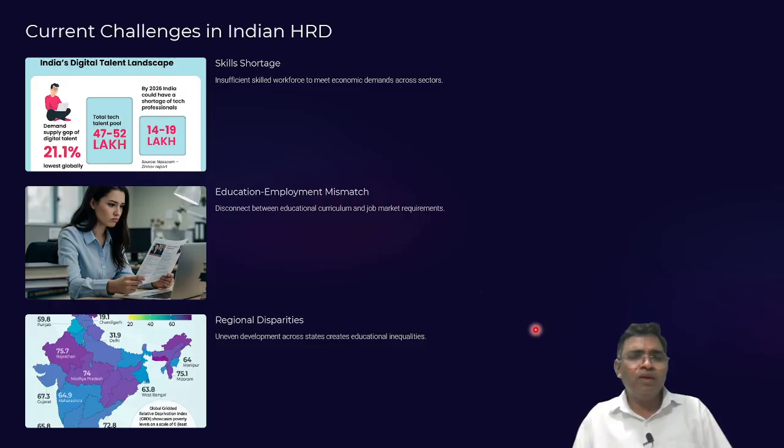Education-employment mismatch: there is a disconnect between the education curriculum and new job market requirements. That means our curriculum is outdated, so the job market is not helping us. Regional disparities: uneven development across the states creates educational inequalities. Some southern states are highly educated and northern states are not as much. So there are regional disparities.